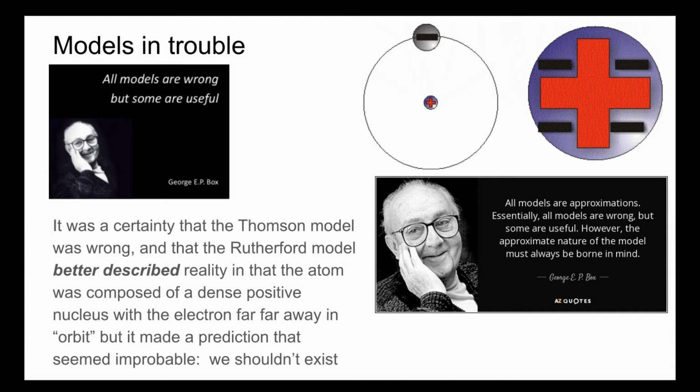It was a certainty that the Thomson model was wrong, and that the Rutherford model better described reality, in that the atom was composed of a dense positive nucleus with the electron far, far away in orbit. But the Rutherford model also had a prediction. Just like Forrest Gump, just like Newton, it had a prediction that seemed impossible.